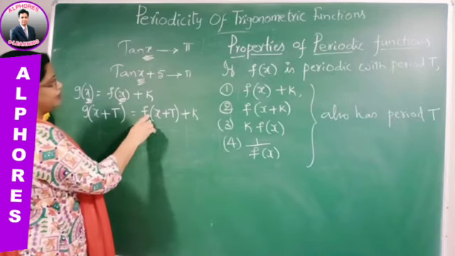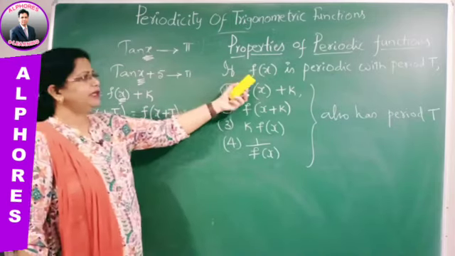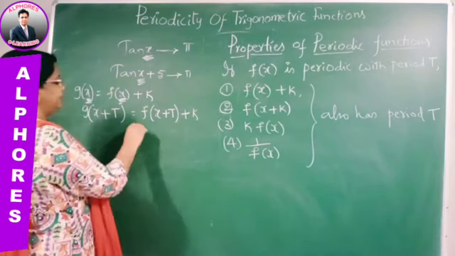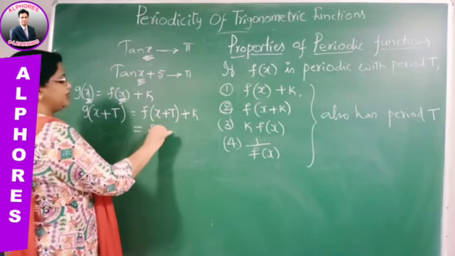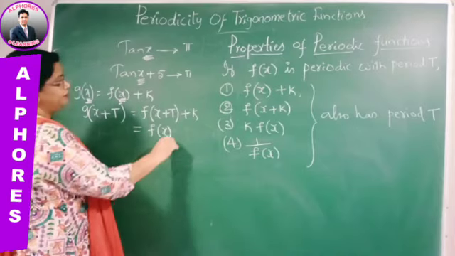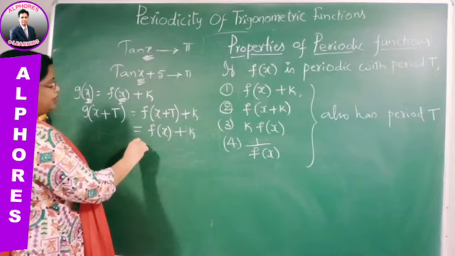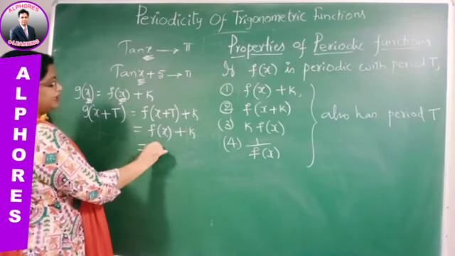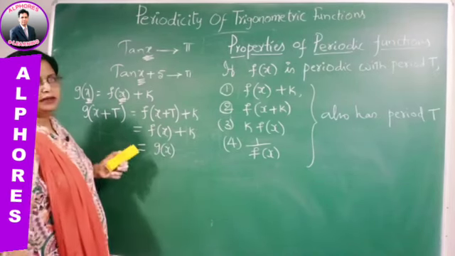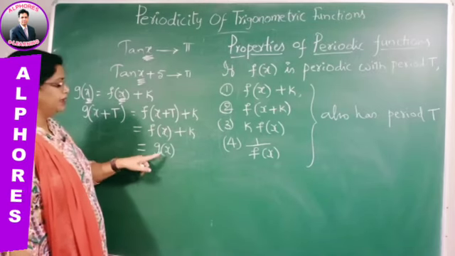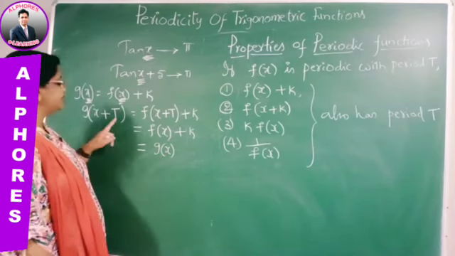Okay, but already we have discussed, that means already they said the function is periodic with period t. Therefore this is nothing but, according to our definition, f of x, and this k has no change, as it is it will come. Now students, what is this function again? It is g of x. That implies g of x plus t, you got g of x, implies the period of g of x is what here?